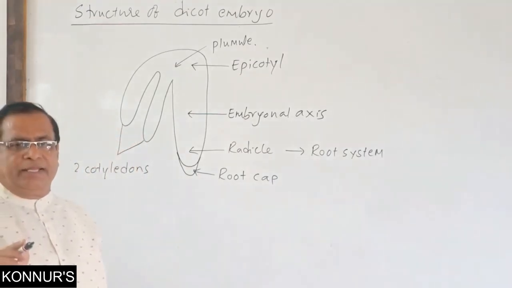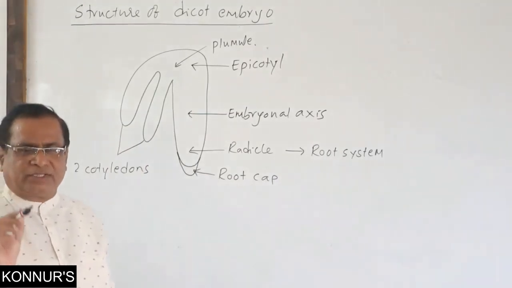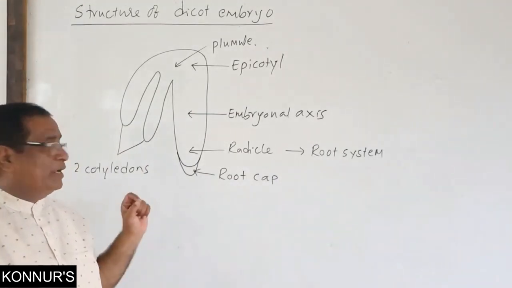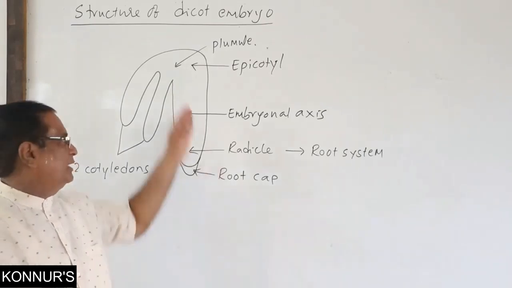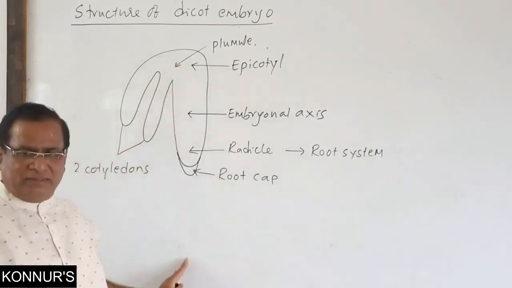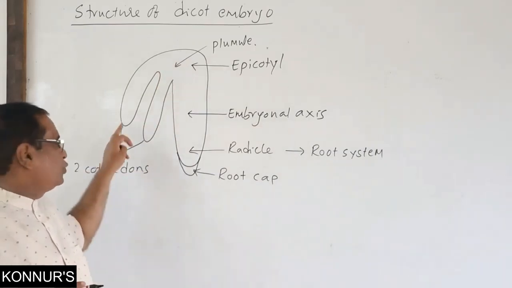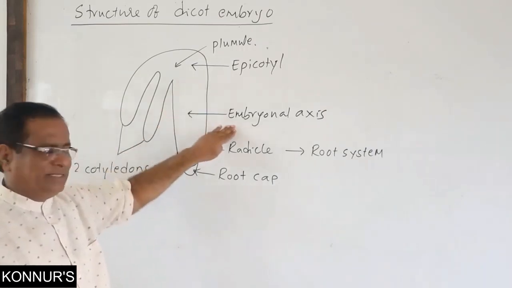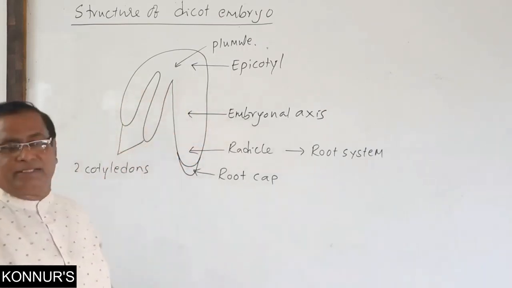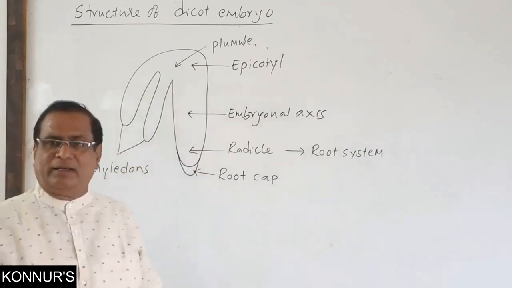With a neat labelled diagram, describe the structure of dicot embryo. Dicot embryo has an embryonal axis with two cotyledons. A part of embryonal axis above the cotyledons is named epicotyle.